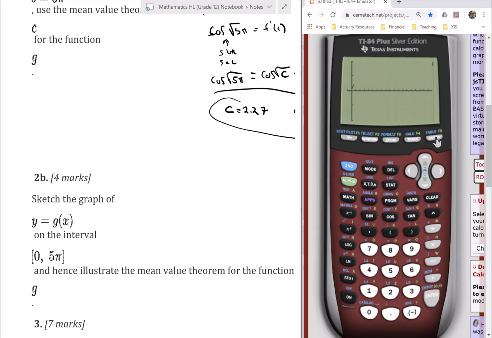So let's see, I probably need to change my window to actually see this function better. You can see it goes way down there, so we need to see further down, so let's make this negative, I'm not sure how far down we need to go, -10.